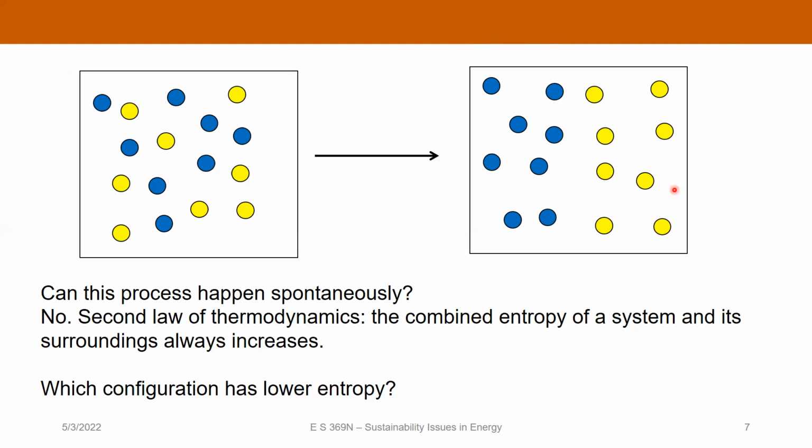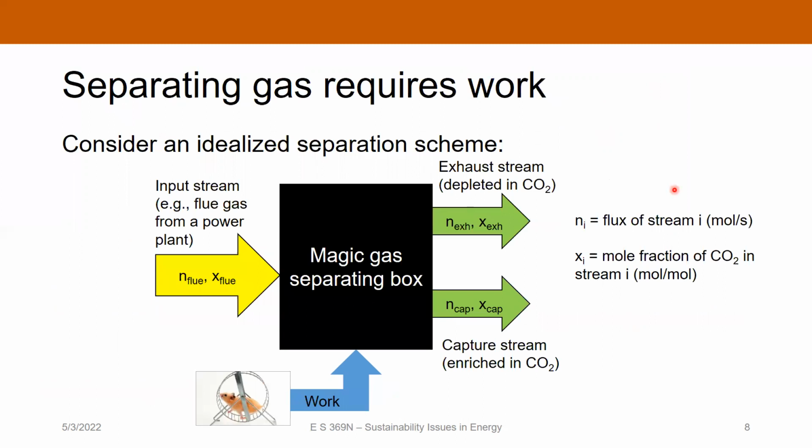So to do that, we have to do something to the system, something thermodynamic. It requires work, okay? Not just work in the 'gosh, this is hard work' sense, but also in the thermodynamic sense, okay?